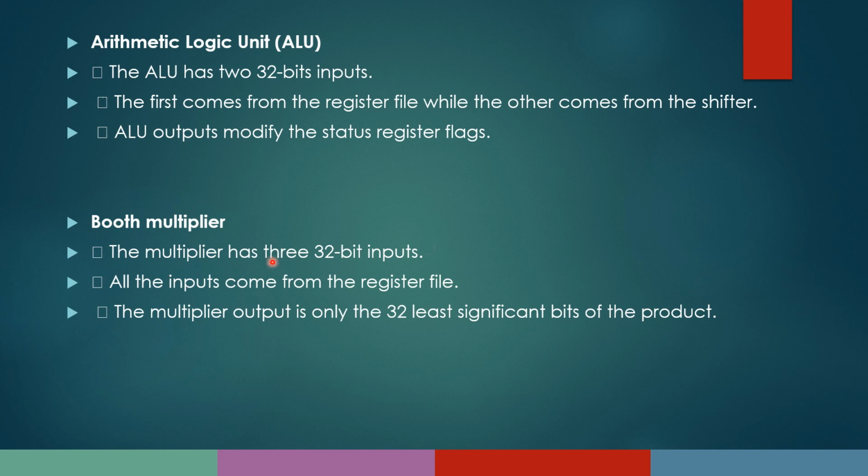After getting these 3 32-bit inputs from the register file, it will be discarding the other bits and taking only the 32 least significant bits of the product.